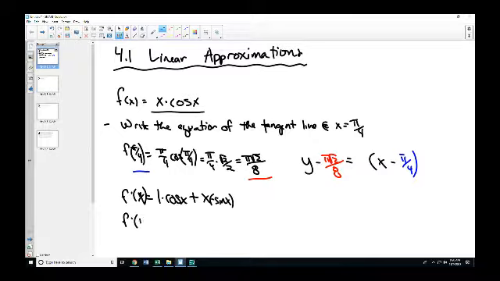And then evaluate at pi over 4: root 2 over 2 plus pi over 4 times negative root 2 over 2.